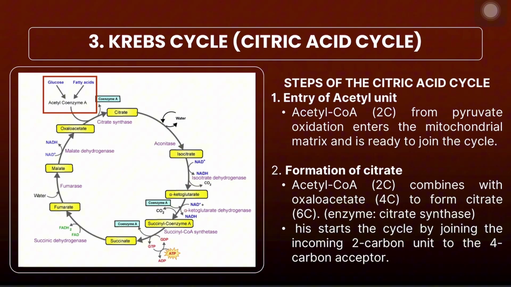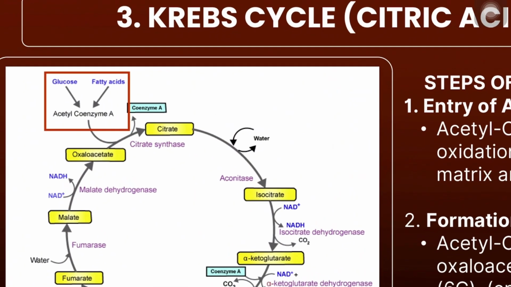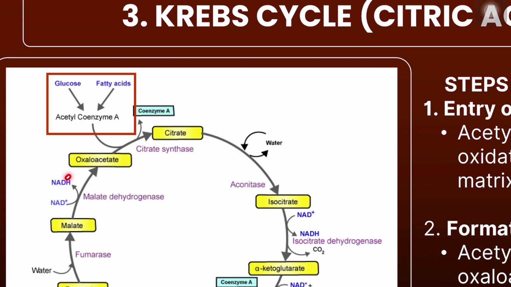Okay? So in the first step, the acetyl-CoA, the 2-carbon molecule that was formed a while ago during the pyruvate oxidation, will enter the mitochondrial matrix. This acetyl group will now join the cycle by combining with the 4-carbon molecule, which is the oxaloacetate.